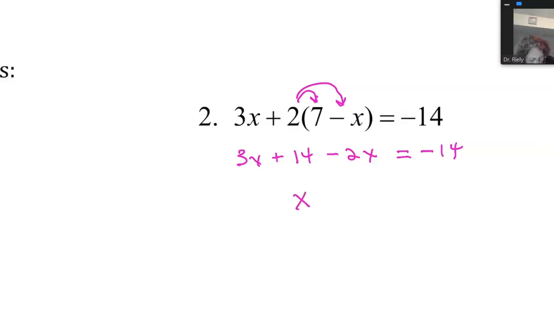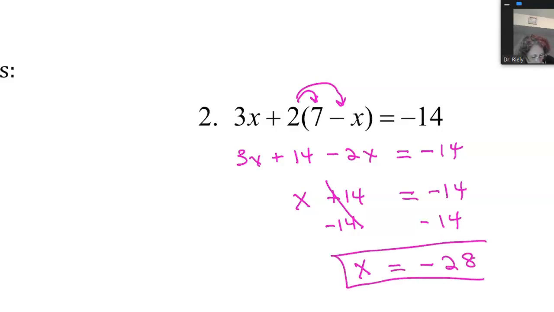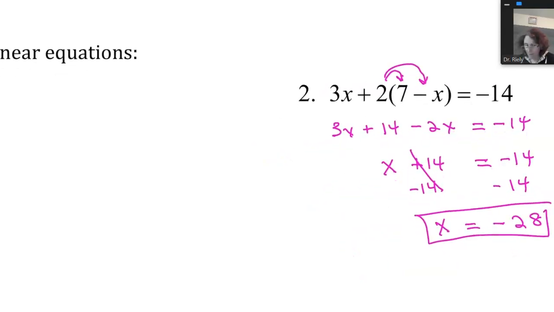That's x plus 14 equals negative 14. Subtract 14 from both sides. X is going to equal negative 14 and another negative 14, which means you're going more negative. So x equals negative 28.